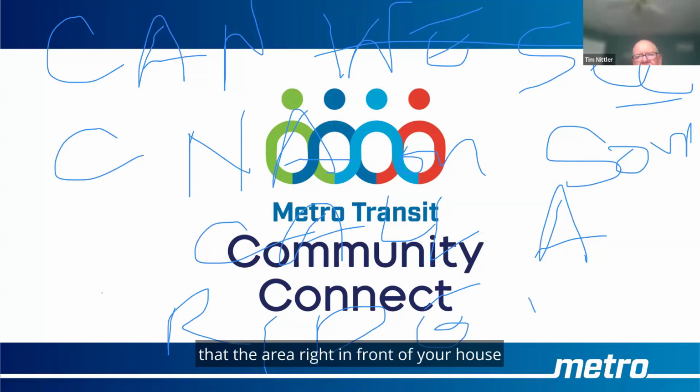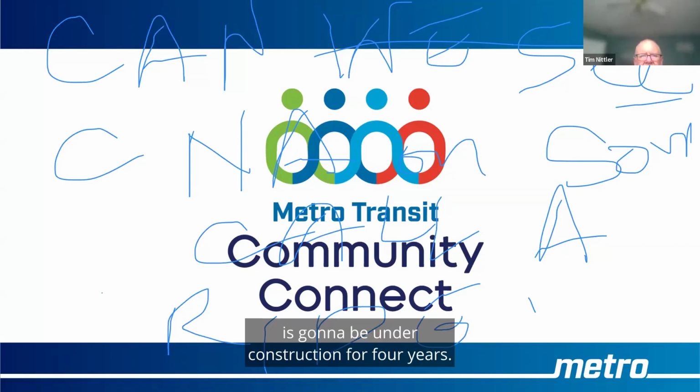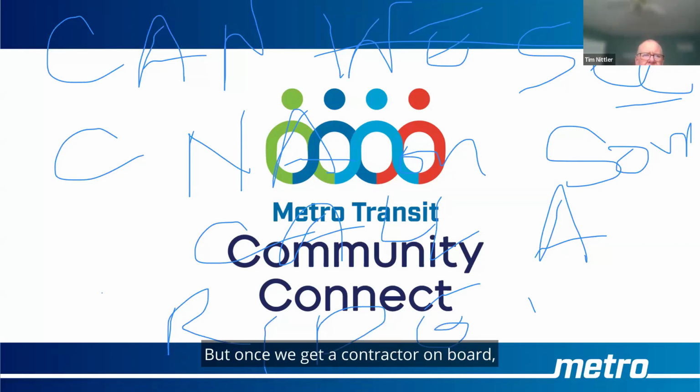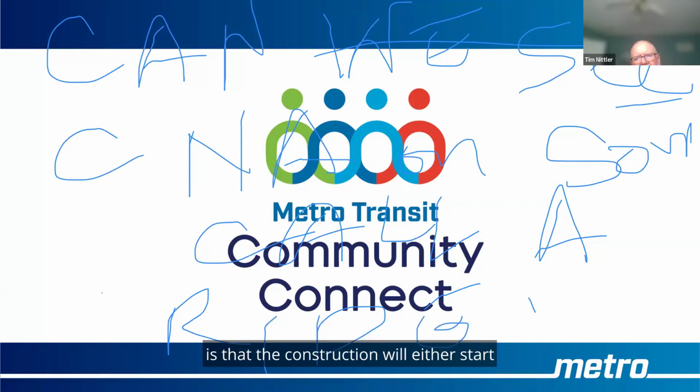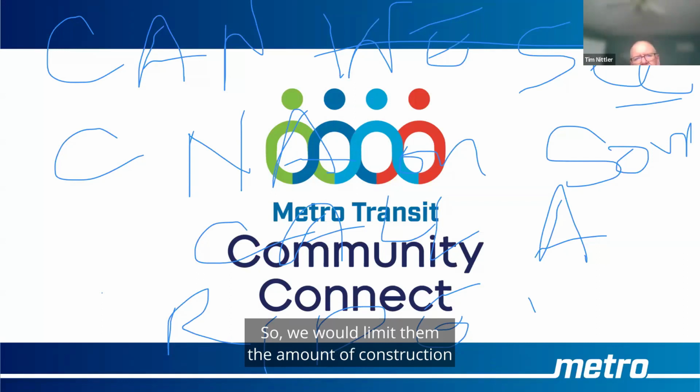So that doesn't mean that the area right in front of your house is going to be under construction for 4 years, but once we get a contractor on board, we develop a more in-depth construction schedule. And what I would envision is that the construction will either start on the south end or the north end and kind of progress one way or the other. So we would limit the amount of construction in front of your house to as short as possible time frame, if that makes sense.